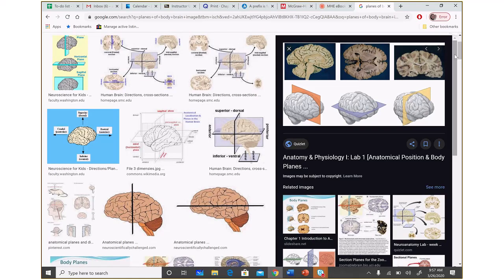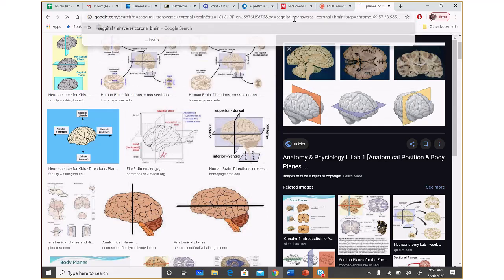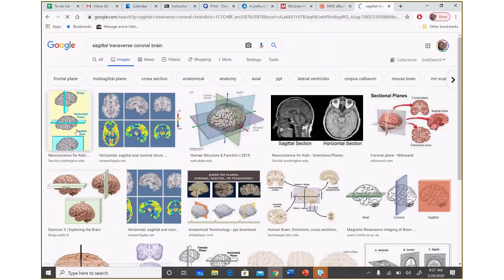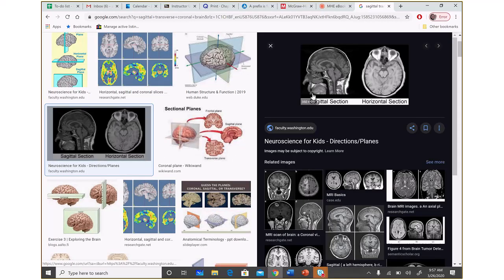Okay, so let's see. Here's just two of them, but you can see this is sagittal, so that's the right to the left. That was horizontal, like we're staring down.